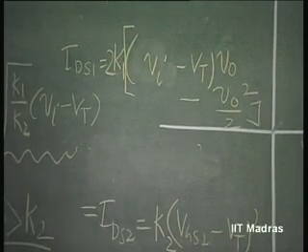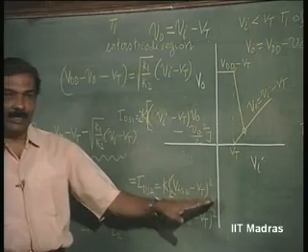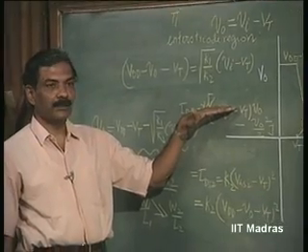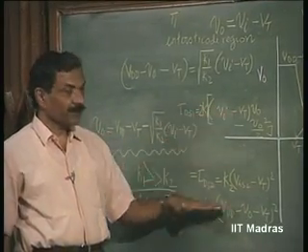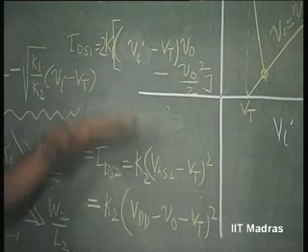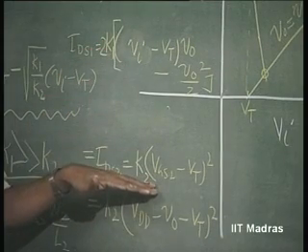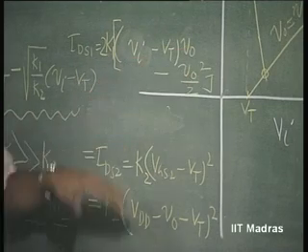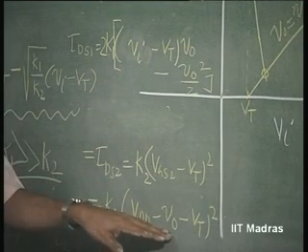Now you will see IDS2 is going to remain the same, only IDS1 is going to change, right. Again IDS1 is equal to IDS2. Now, this is no longer linear, this is non-linear, because you have square, linear and square here.